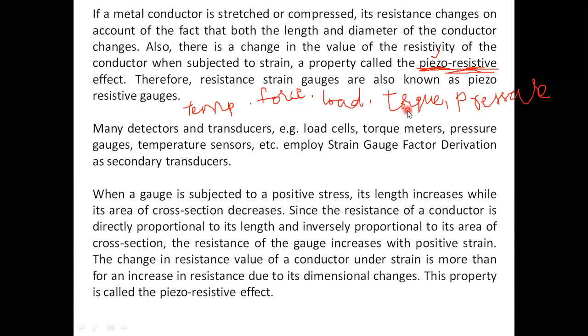So in industries, we'll use strain gauges much more to measure this load. For example, if I want to measure the weight of coal that is fed to a boiler.